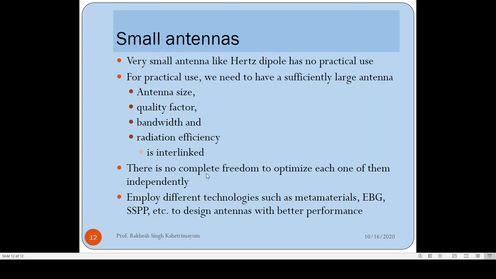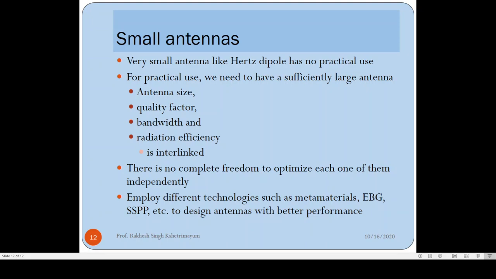Nowadays, people try to overcome all these limits in the performance of antennas by using many advanced technologies like metamaterials. Metamaterials are materials with exotic properties which are not available in naturally occurring materials. Meta means beyond, so beyond the naturally occurring materials.